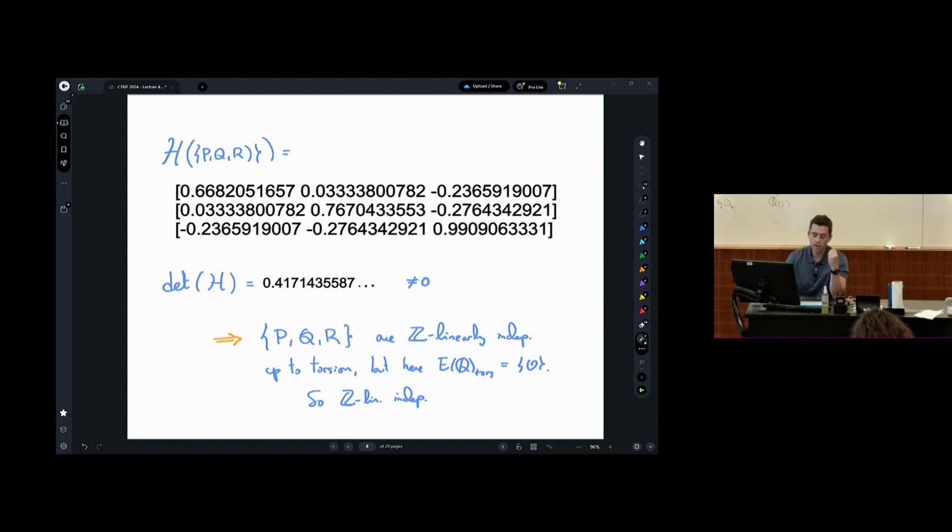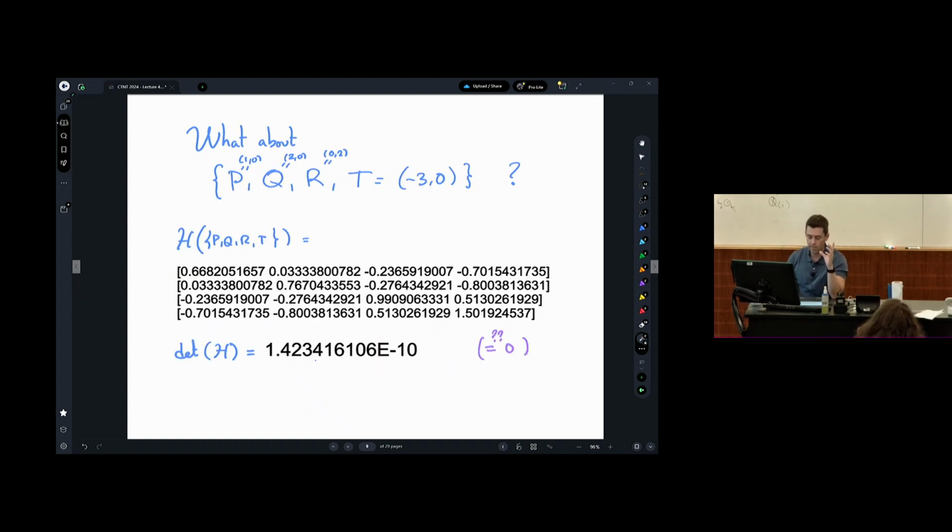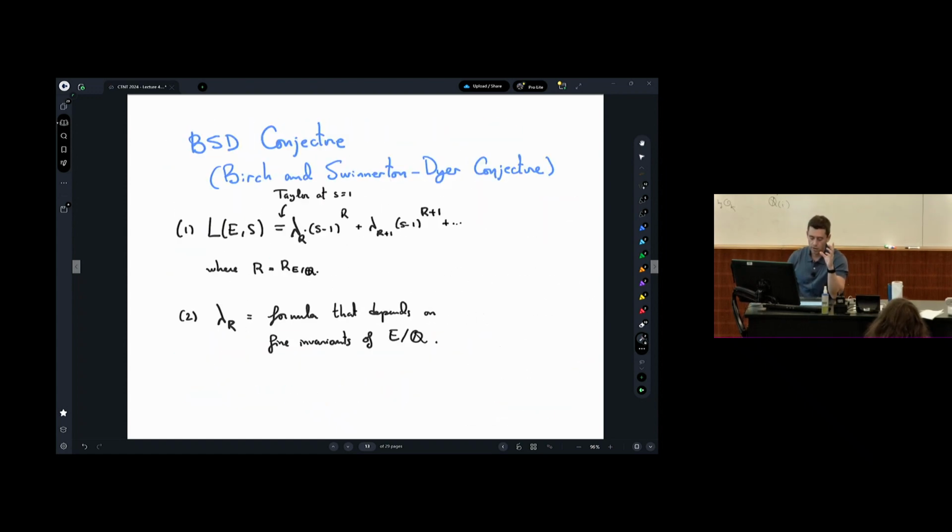When you look in here, there is another regulator, this volume. This volume appears as one of the factors, one of the more complicated factors in fact, of the residue at s equals 1 for the L function. The size of the torsion subgroup appears there, and other very fine invariants of the elliptic curve appear there.